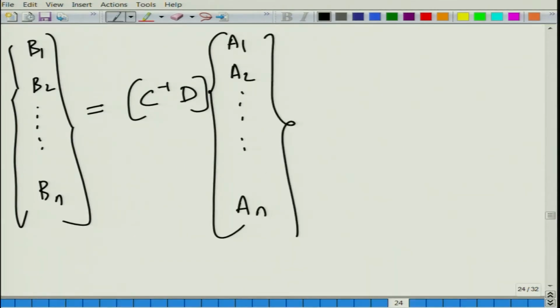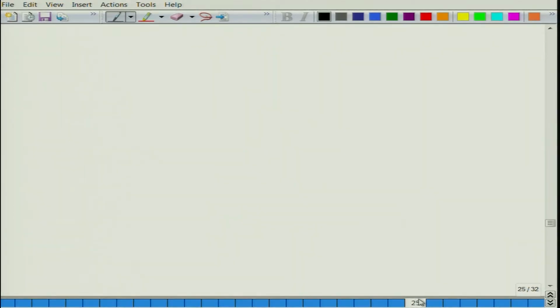So what exactly are the C and D matrices? It does involve a little bit of algebra, so I would request all of you to please do the longhand derivation and practice it by yourself.